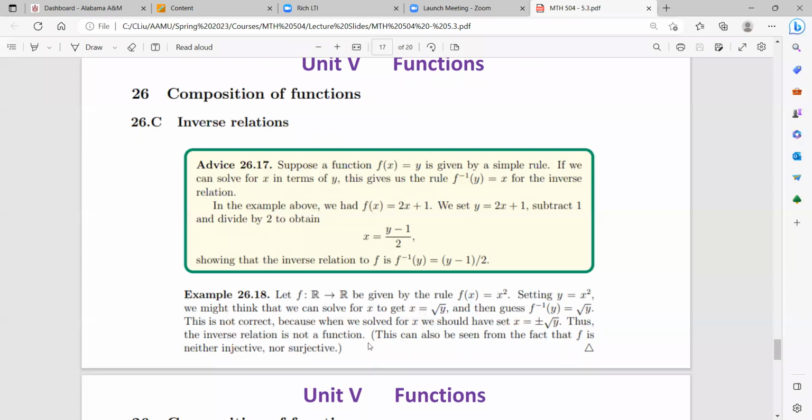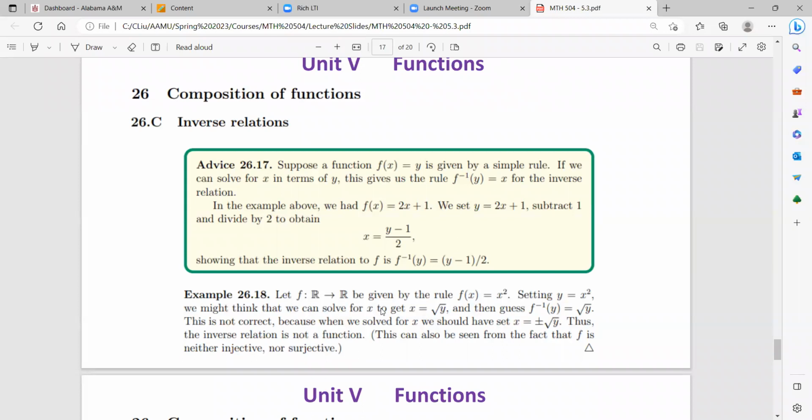And it's also not surjective, so that's the other thing. We define f from R to R. It is not surjective because the negative numbers in the codomain do not have pre-images in the domain under this mapping.